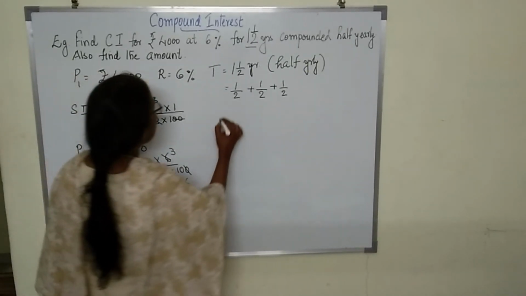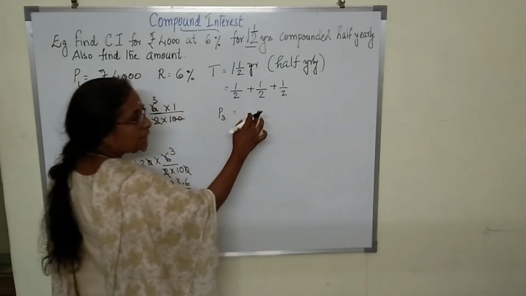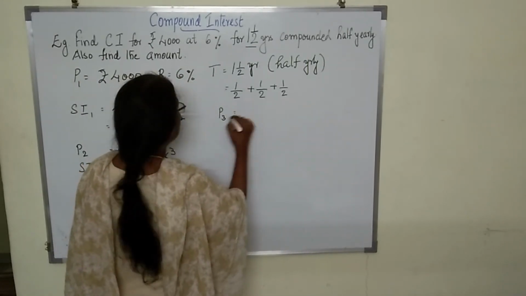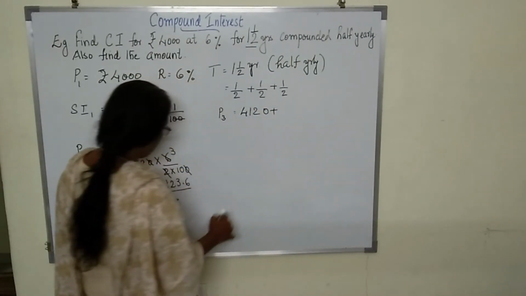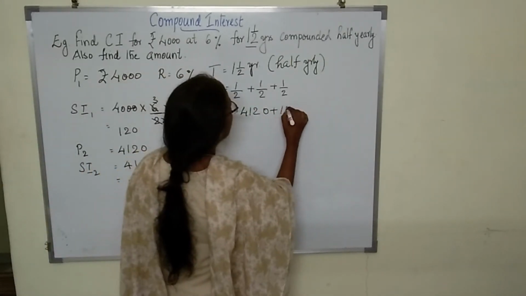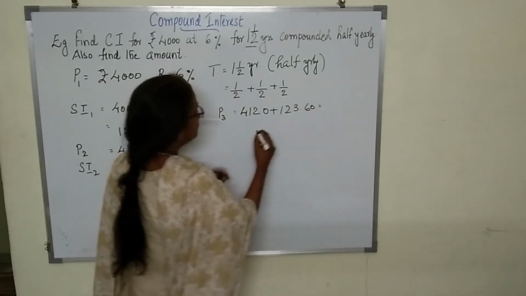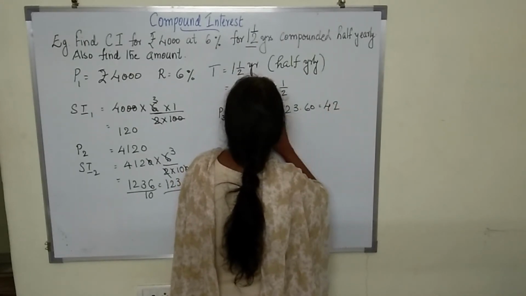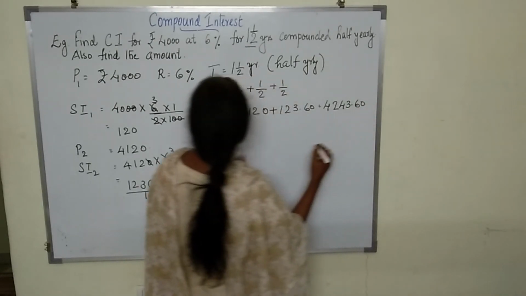Now what will be P3? That is, in the beginning of the third term, it will be 4,120 plus this interest 123.60, which is equal to 4243.60.